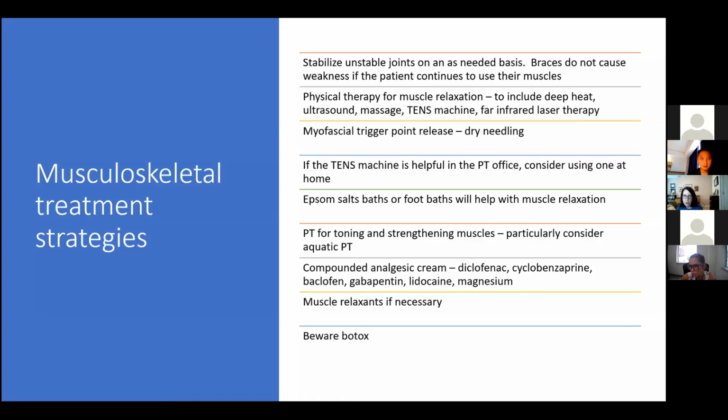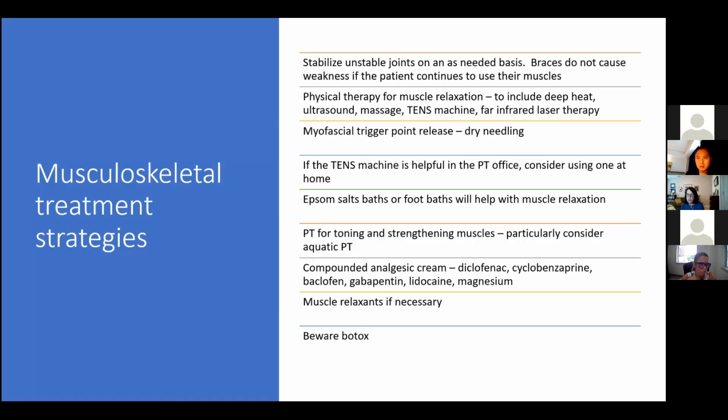It should include manual therapy to get the muscles to relax before patients do the toning and strengthening necessary to stabilize their joints. And that would include DP, ultrasound massage, use of electrical stimulation, and far infrared laser therapy, among other things. And dry needling can be very helpful.